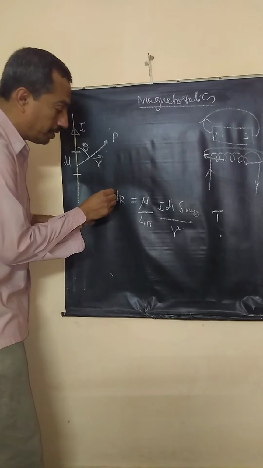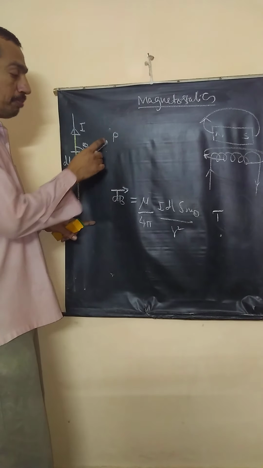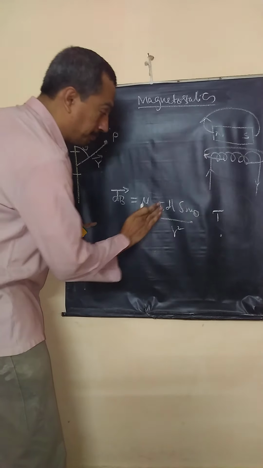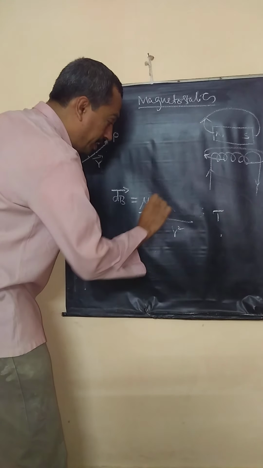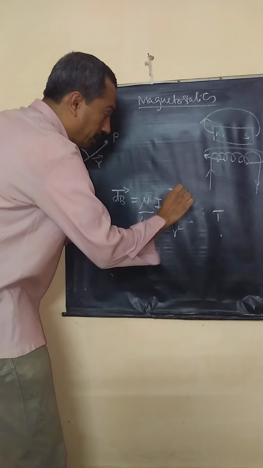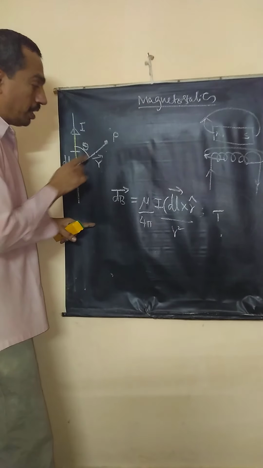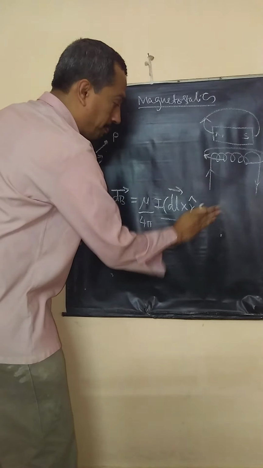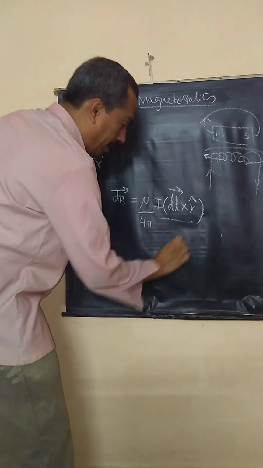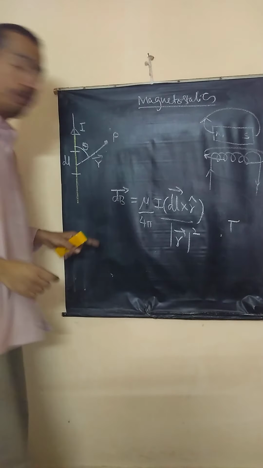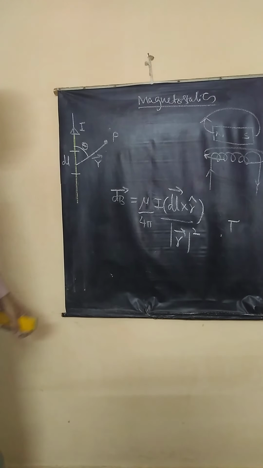See here, the magnetic flux density at point P due to a current element is given by mu by 4 pi, I into dl cross r hat, the unit vector along the direction of the position vector, divided by the magnitude of the vector squared, in Tesla. This is the vector form of Biot-Savart's law.